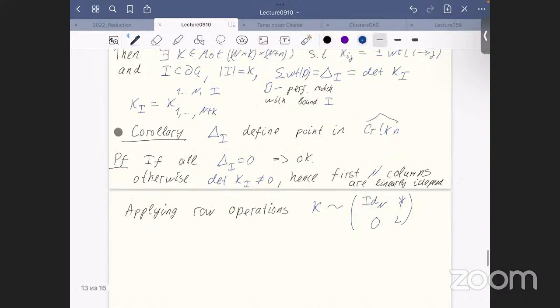And now let me recall that Ki is a matrix in which I take all rows and first n columns and also some columns from here.